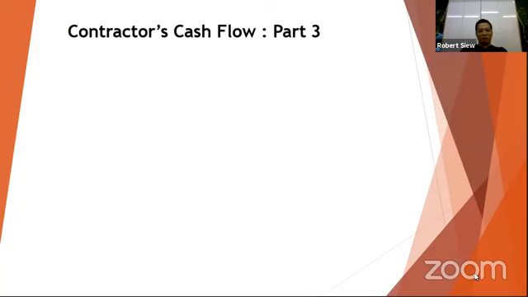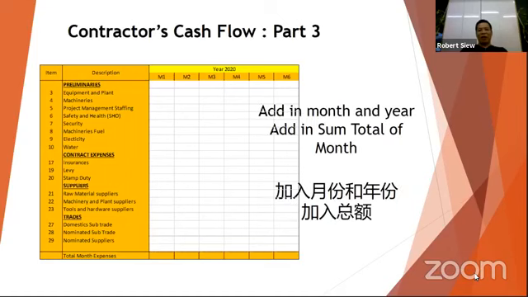From there, you add in the month, add in the year, the topic, the table titles. So you put up the summations, where you put up the total expenses.